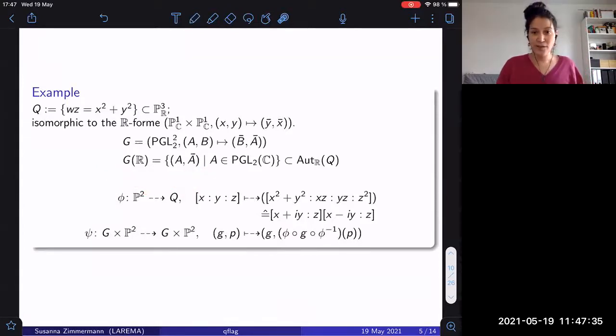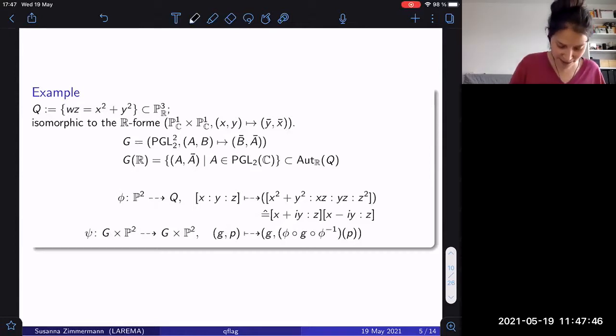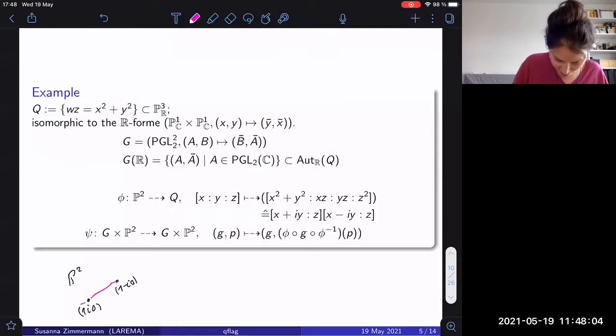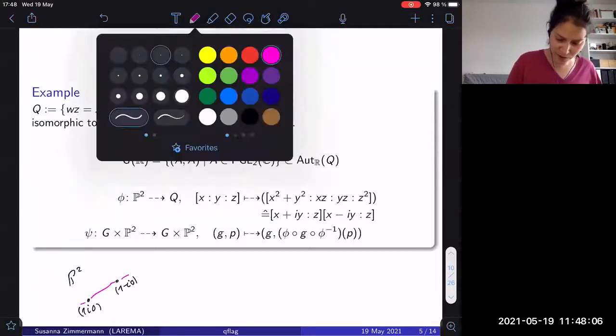I did not compute this because it's more tedious to compute, but it's the same example. And geometrically, what it does is, I go from P2, I blow up 2 points, one I0 and one minus I0. I blow up and I look at the map between, but the line between those two.